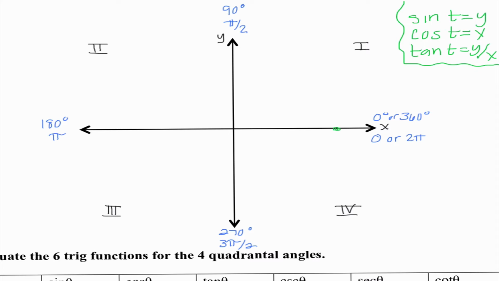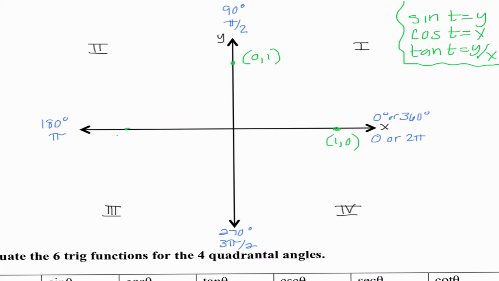Now our ordered pairs. If I'm going out on this axis, remember with our unit circle, that means I'm going to the right one and I'm not moving up or down at all. So that gives me an ordered pair of 1, 0. On the y-axis, this gives me an ordered pair of 0, 1 because I'm only moving up from the origin. I'm not moving to the right or left at all.